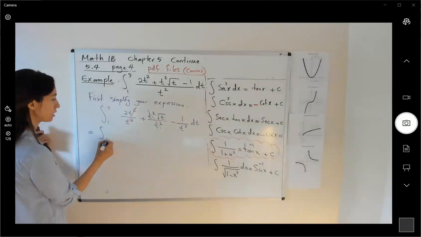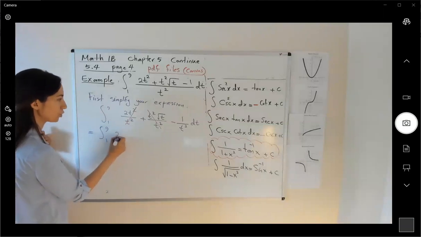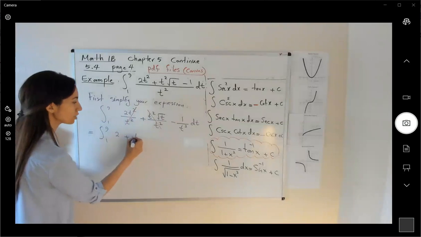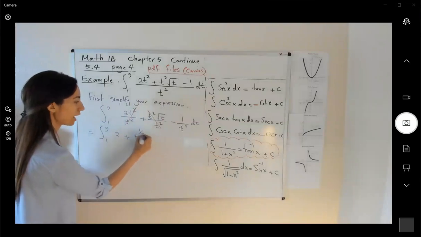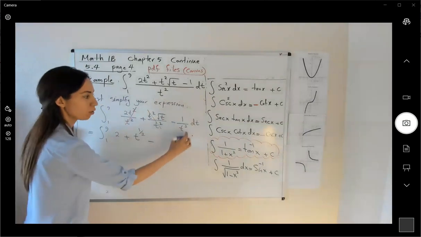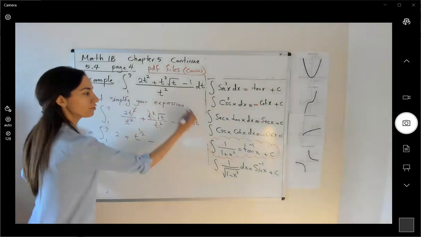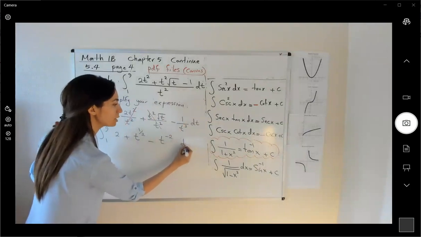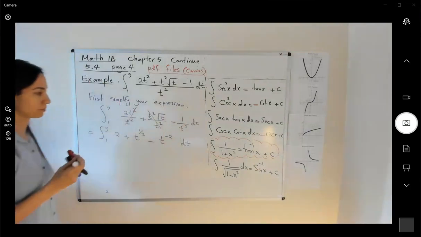So this is the integral from 1 to 9 of 2 plus square root of t, which is t raised to a half, minus 1 over t squared. If you flip this, you get t raised to minus 2 dt.